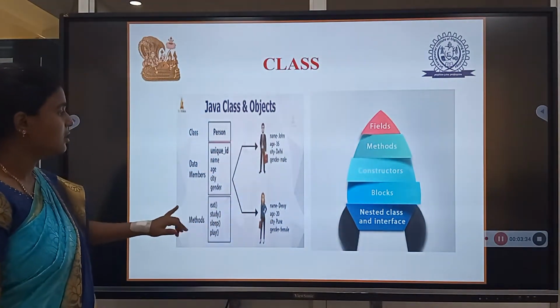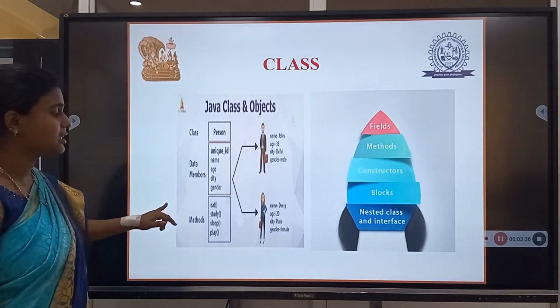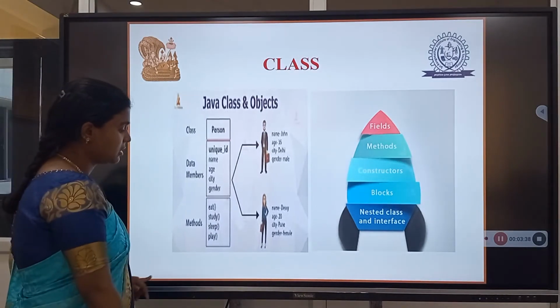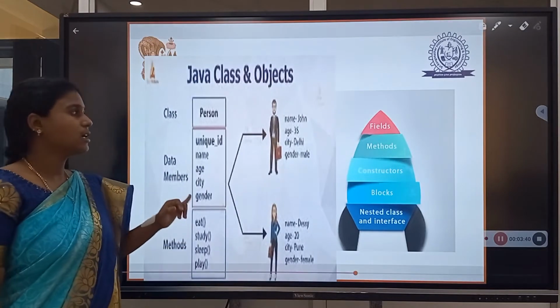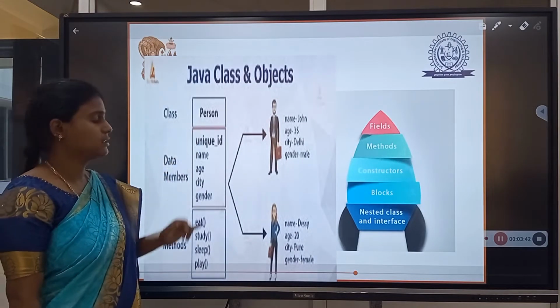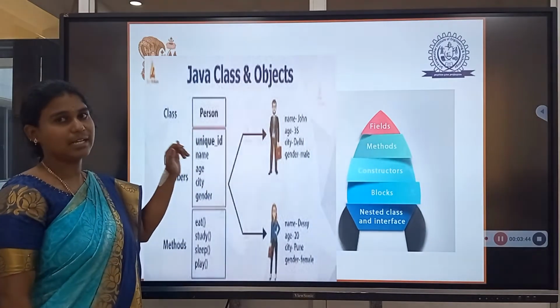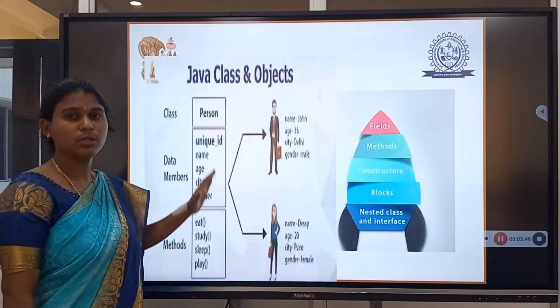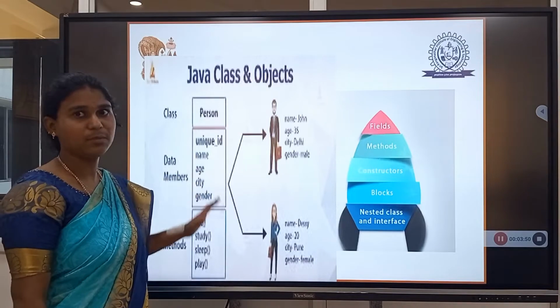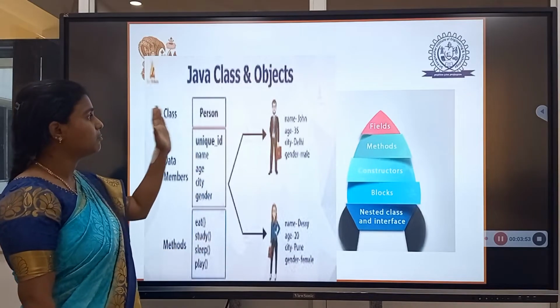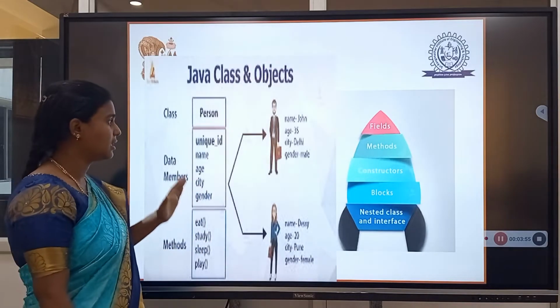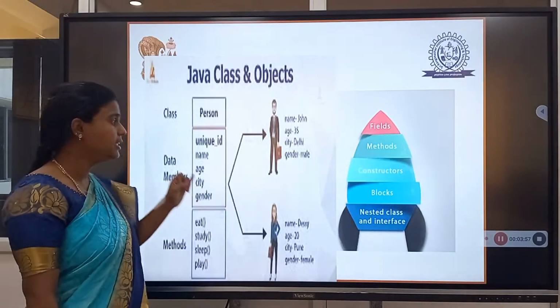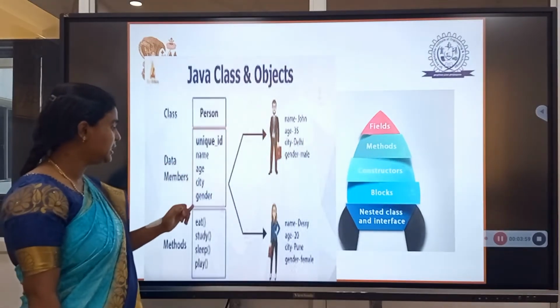I will tell you a real-time example of a class. Consider a class of person. I already told you, a class is a collection of data members and methods. A person has properties like ID, name, age, city and gender.